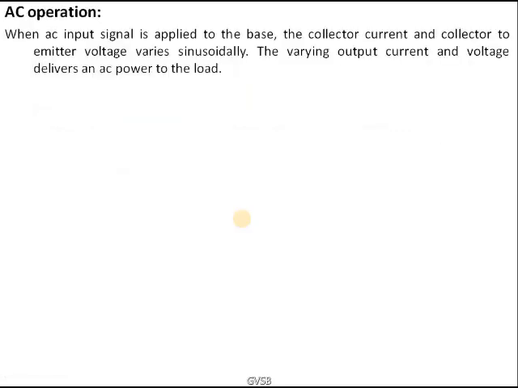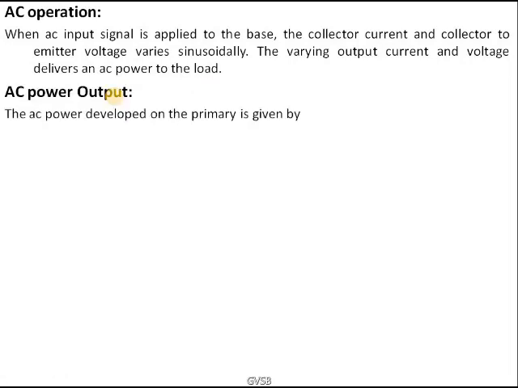So when we apply an AC input signal to our amplifier, then the output current and output voltage will vary sinusoidally, which produces an AC signal at the output side, and that produced AC signal will be delivered to the load. We have to find the AC output power. The AC power developed on the primary is given by P is equal to V1 RMS into I1 RMS.